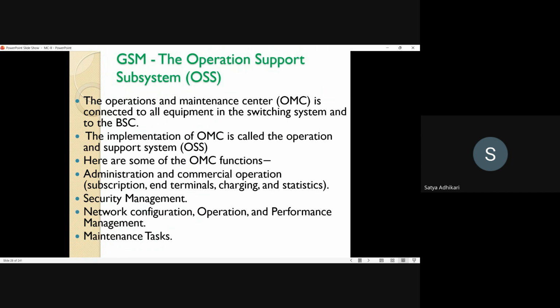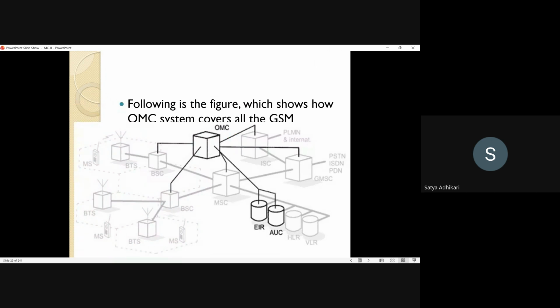The implementation of OMC is called the operation and support system. Here are some of the functions: administration and commercial operation, subscription, end terminal, charging, and statistics. It keeps all the data and statistics. Security management. It also provides the security.